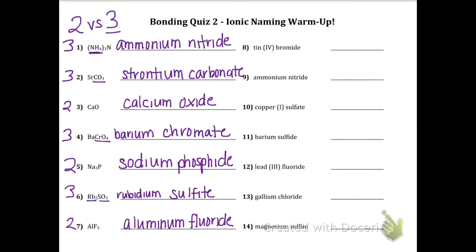Perfect. Now, the other side is where we have to consider the charges and then cancel out the charges. So, for example here, remember this Roman numeral means it's positive, and then that's a 4. Bromide, that IDE ending tells me that it's an element.